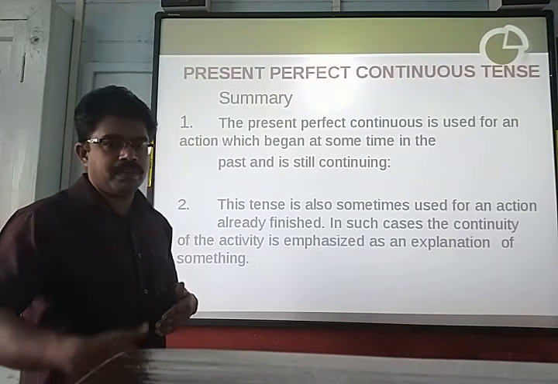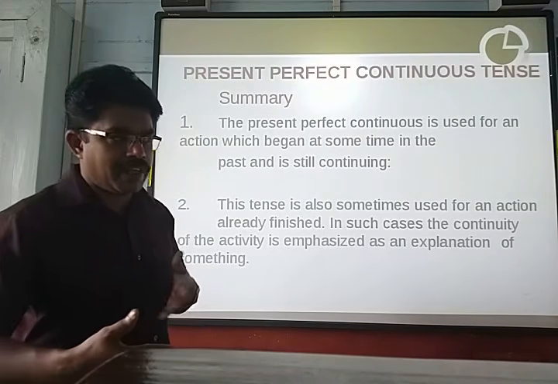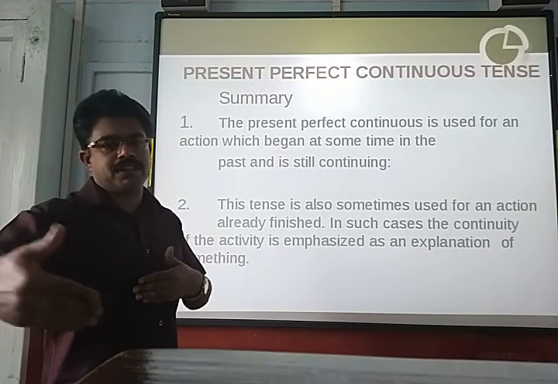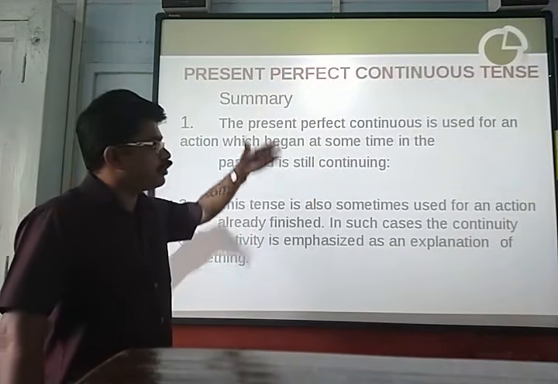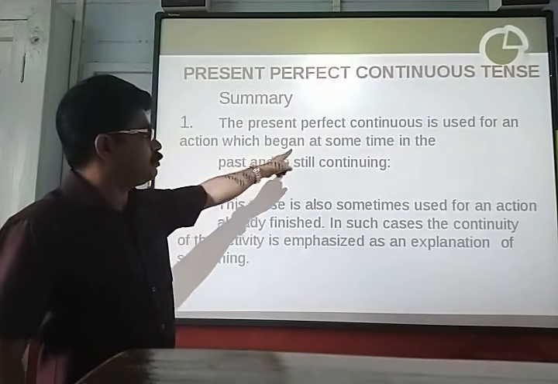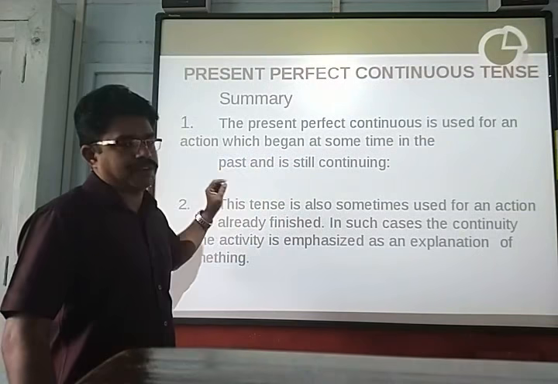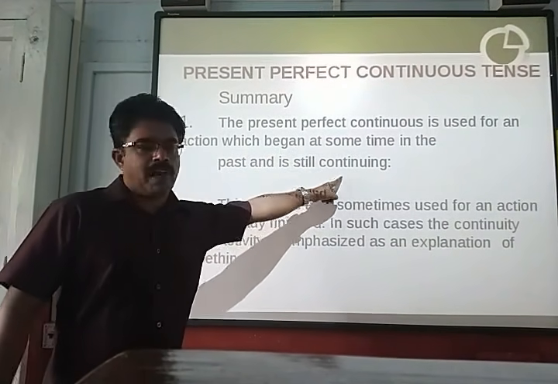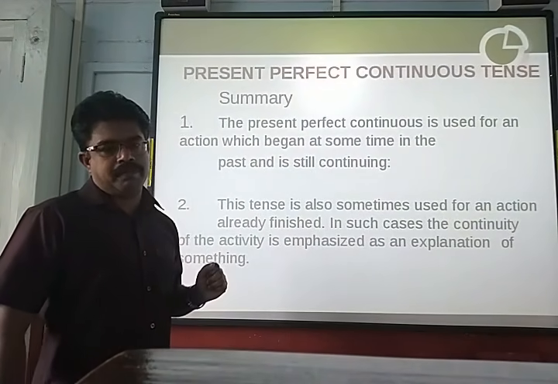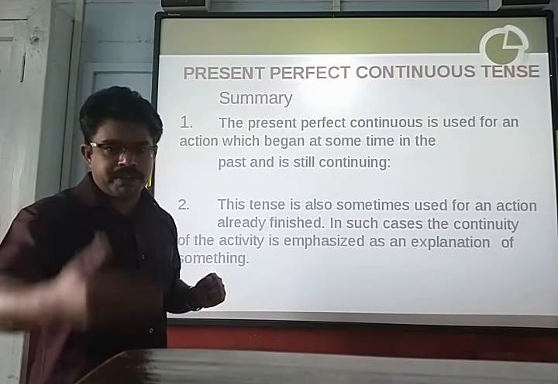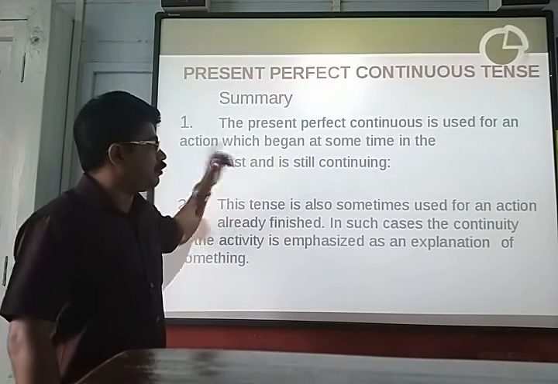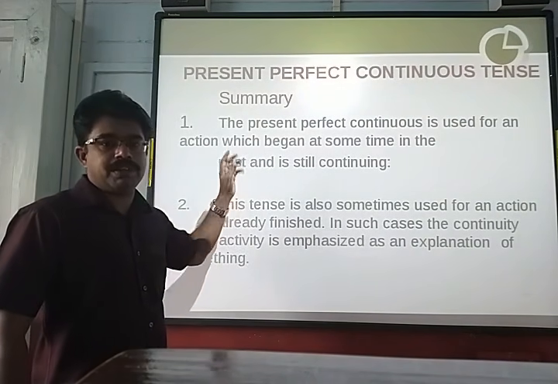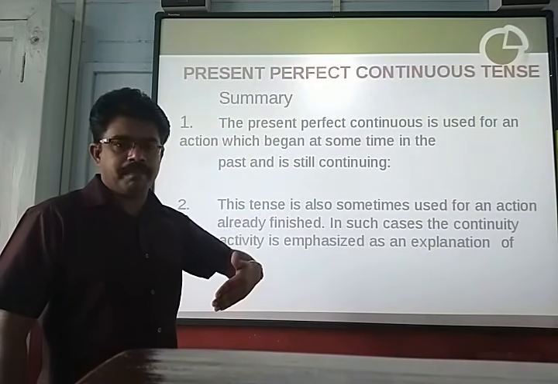So the important thing is the continuity of the action, something that has been started earlier, a past action which began sometime in the past. These two aspects we need to take in. So what are the two aspects? The action has been started or began at some time in the past and it is continuing.